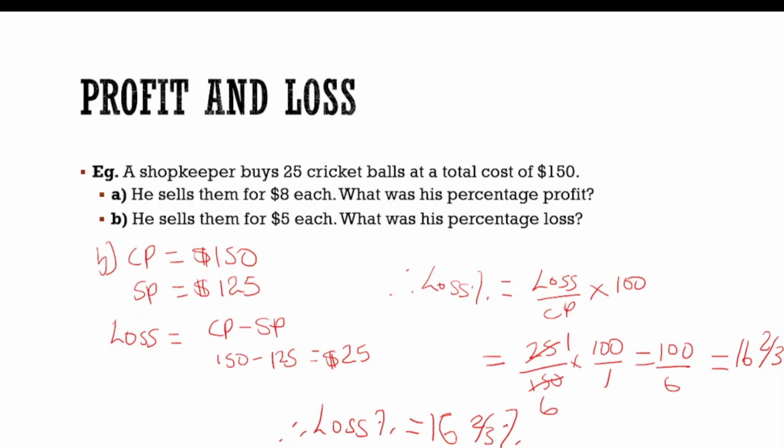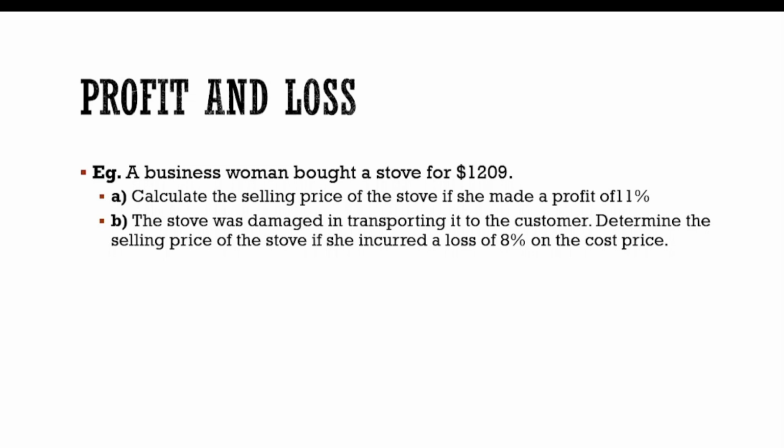So you use the method that is more comfortable to you. In the second example, we have a businesswoman who bought a stove for $1,209. And we are to calculate the selling price of the stove if she made a profit of 11%. So again, the first thing that we will do is write the information that we have.